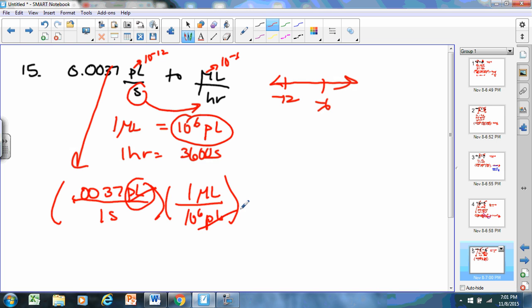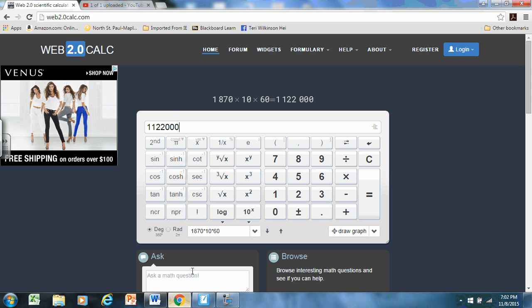If we stop the problem right now, we'd be in microliters per second, but we want to be in microliters per hour because second is on the bottom, seconds needs to go on the top. So 3,600 seconds is 1 hour. Seconds cancels with seconds. If I do 0.0037 times 3,600 divided by 10 to the 6th, I better check because I think this is a sig fig thing again.